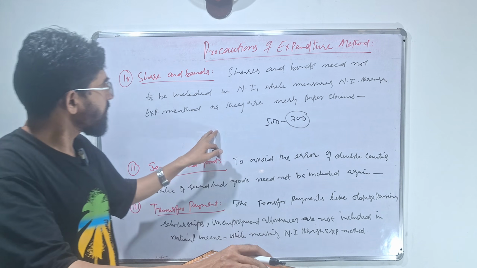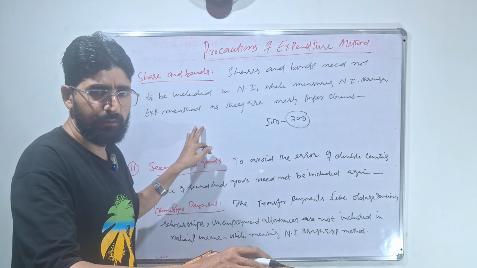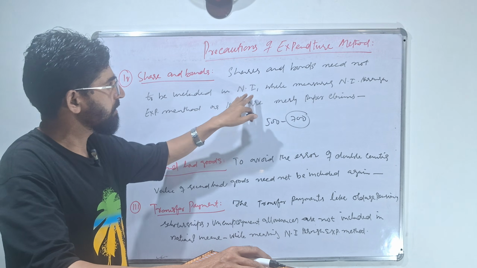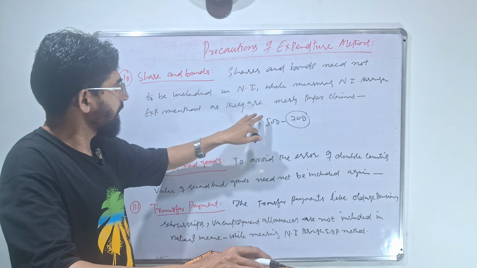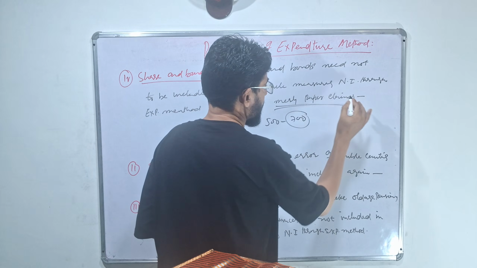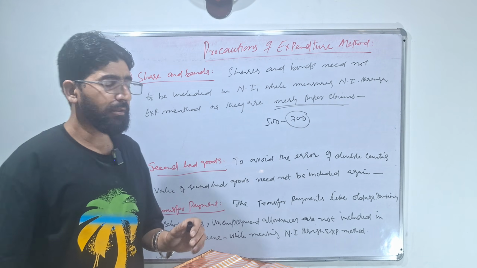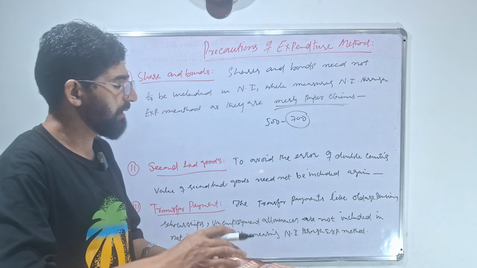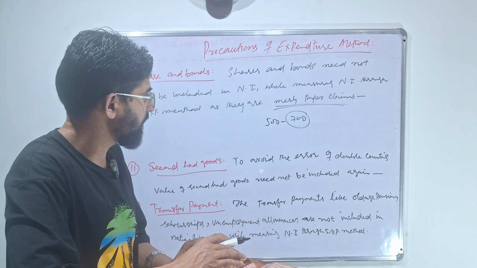But this need not be included in the expenditure method, as they are only paper claims. These need not be included in national income while measuring it through the expenditure method.